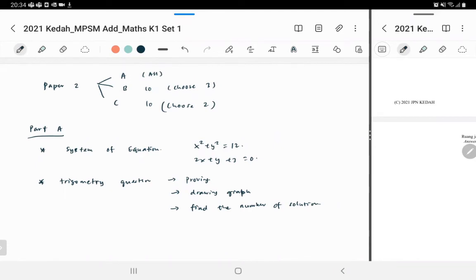So I'm not sure whether there is a format for it or not. But now from the state paper, what I see here, then I tell you lah. What I see here from the state paper, it sounds like there is a certain pattern. So the pattern is like the previous SPM also. So system of equation is a must. Trigonometry question is a must also. The proving, drawing graph, find the solution, that one.